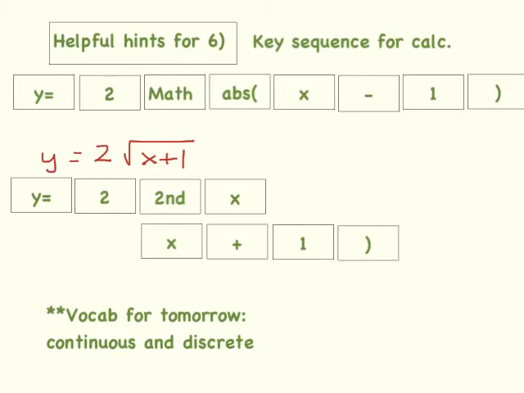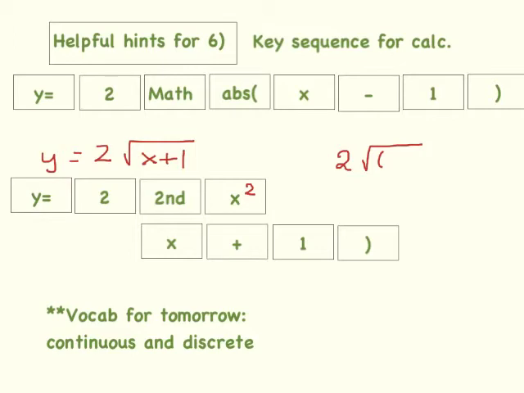In the calculator, you'll press y equals, make sure you've cleared out your first function, 2, and then you have to hit second x squared. And when you do that, you end up seeing 2, and I believe it goes square root with a parentheses kind of, and then you're going to have to hit the X button plus and then 1, and then you'll need to close your parentheses.